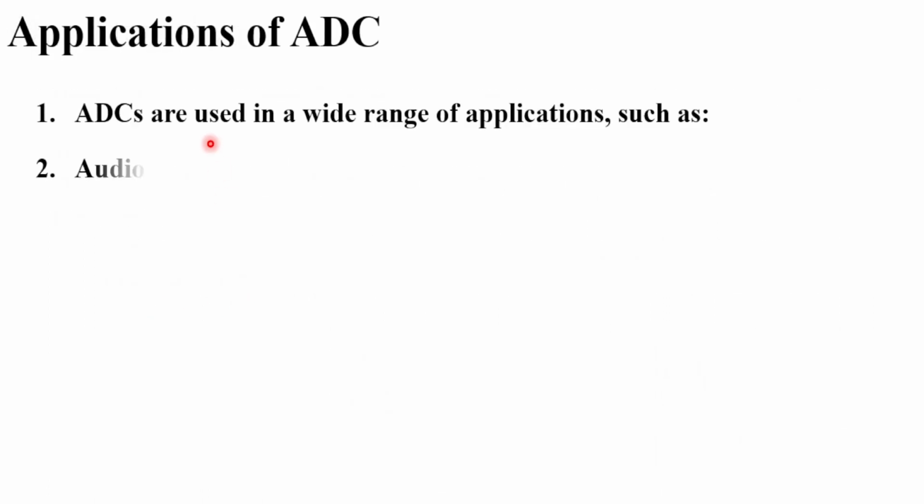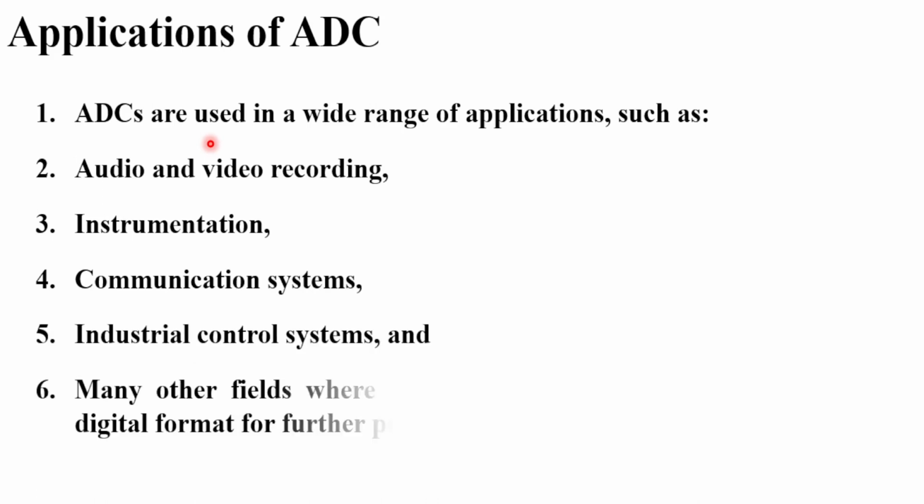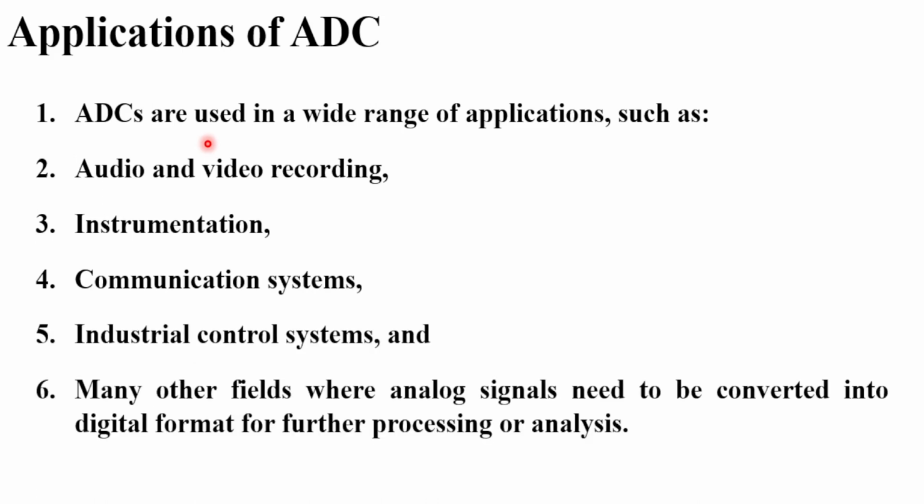Now, coming to the applications of the ADC, ADCs are widely used in almost all digital systems. For example, audio systems, video systems, even in instrumentation where we do data capturing and reconstruction, we use ADCs.